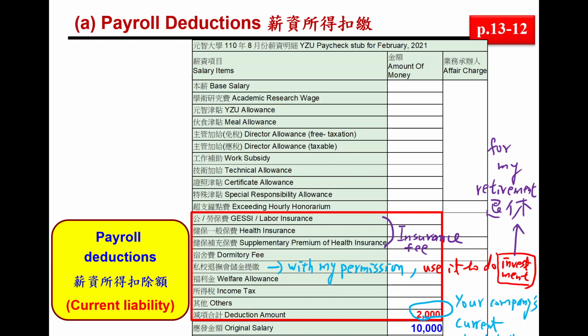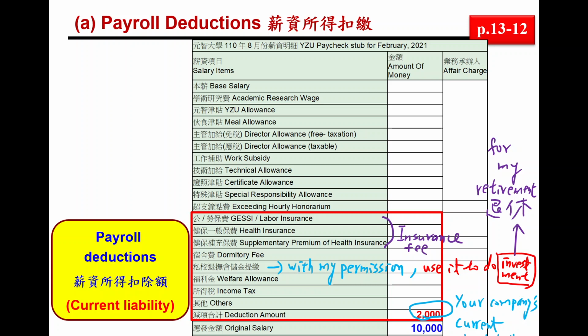Okay, and the welfare allowance, each company should have one. Have you heard about 工会, the union? You need some organization to help your employees' benefits inside the company. So we have a union. It's not for free still.